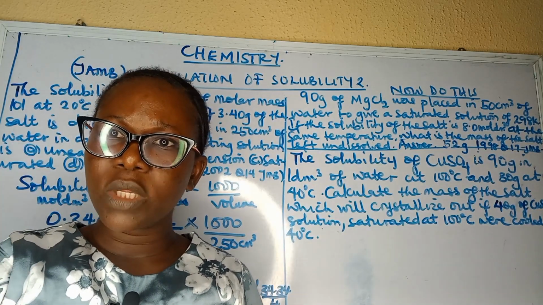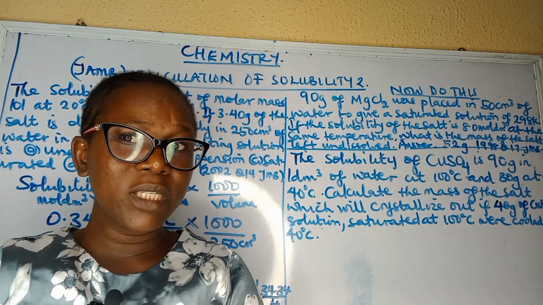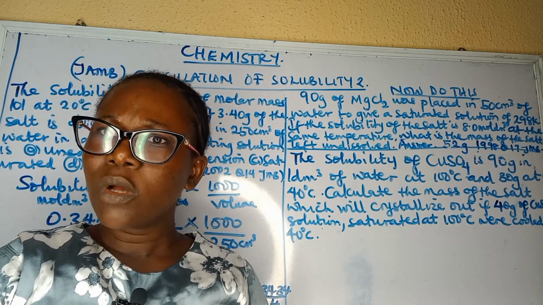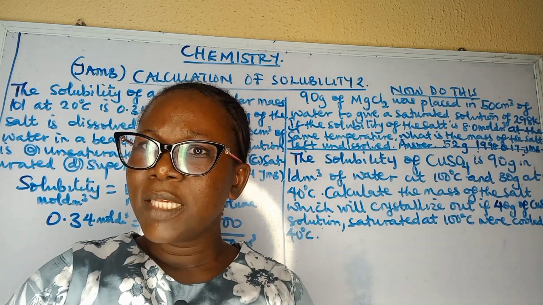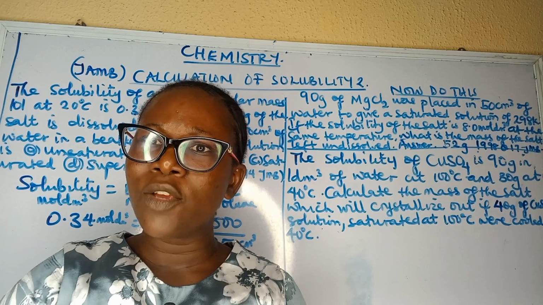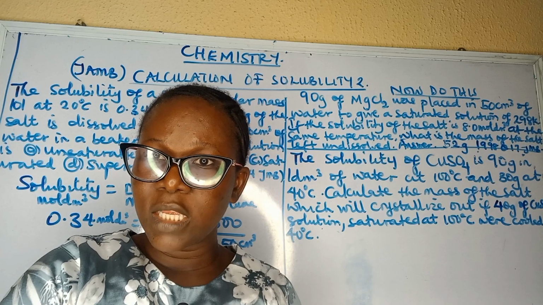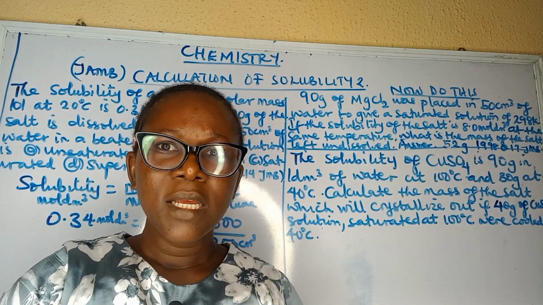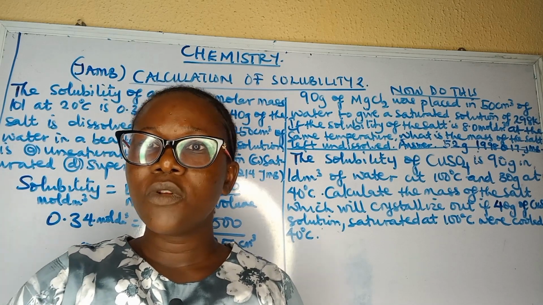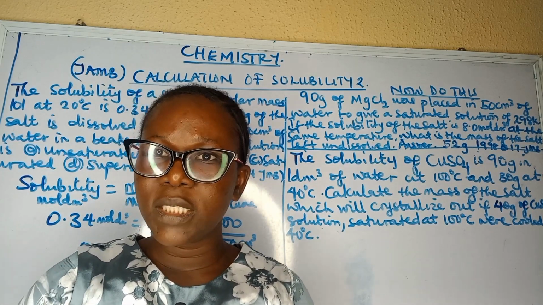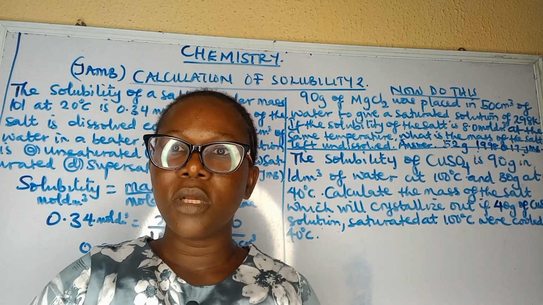When you add salt to water and keep adding salt to the same quantity of water, at a point some salt will remain at the base of the container and will not dissolve again. So the solution is already saturated, and you are seeing undissolved solute because it's no longer dissolving any salt. According to the definition, a saturated solution contains as much salt as it can dissolve at that particular temperature, in the presence of undissolved solutes.